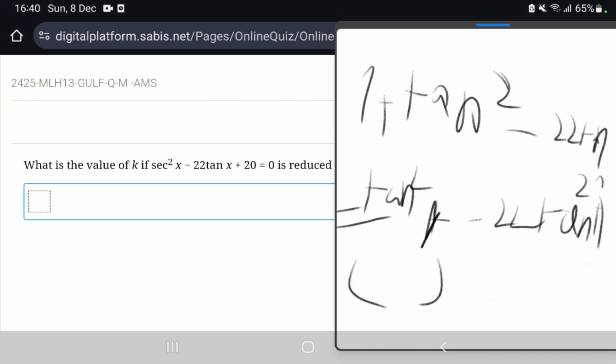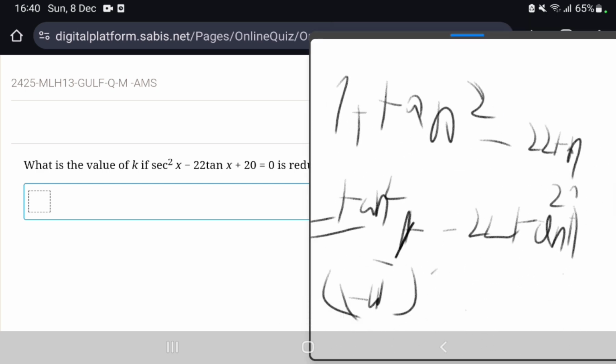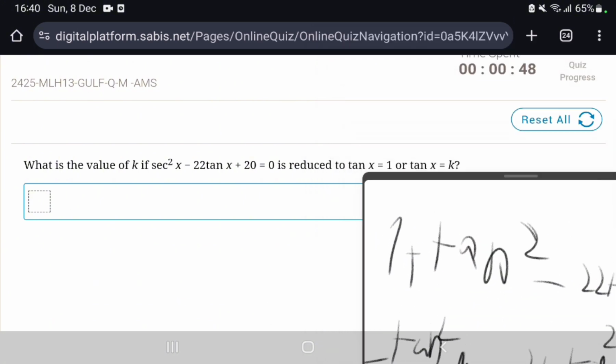So we do tan minus 1 and tan minus 21. They already gave us 1, so it's 21.